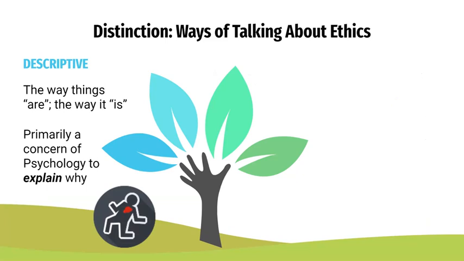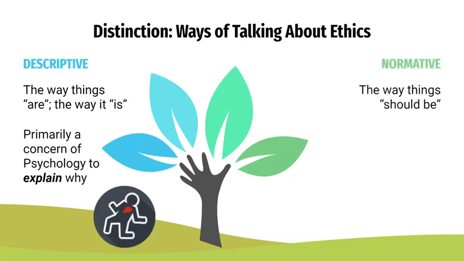So if we take an anthropology class or a sociology class, perhaps history, we learn about the way things are. We talk about how people actually behave and the actions that they engage in. This is a purely descriptive process, right? It's explaining the ways in which people interact.